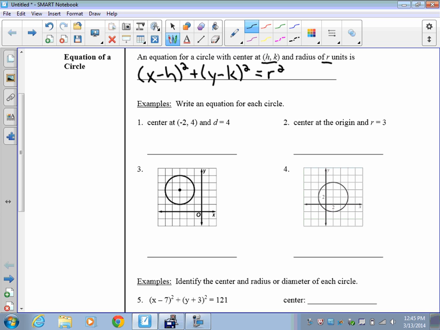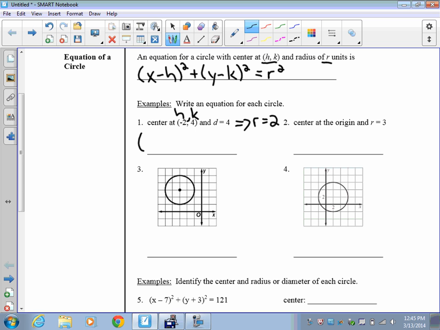So we need to write an equation for the circle. The center is at (-2, 4), and the diameter is 4. If the diameter is 4, this means the radius is 2. So we have r, and our center is (h, k).